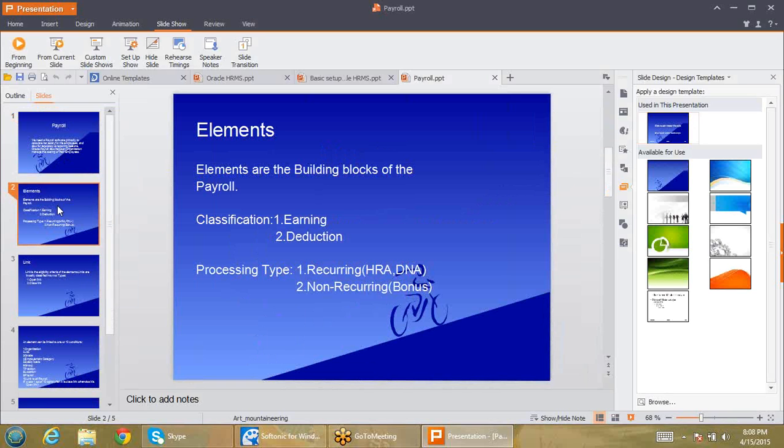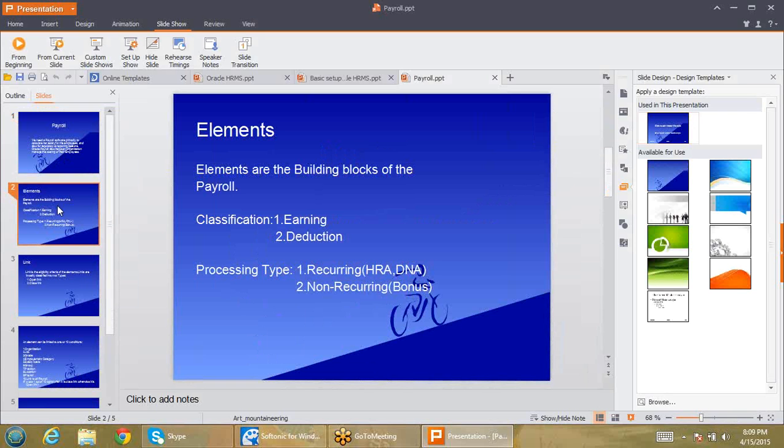Non-recurring is a six-monthly or yearly extra benefit, like bonus. You don't get bonus every month; it depends on the company. Whatever is fixed is a recurring element, and whatever is not fixed is a non-recurring element.